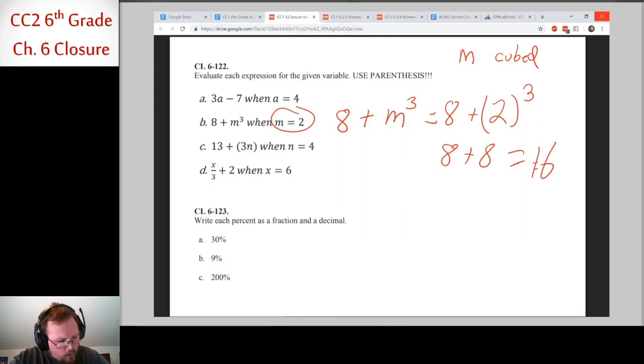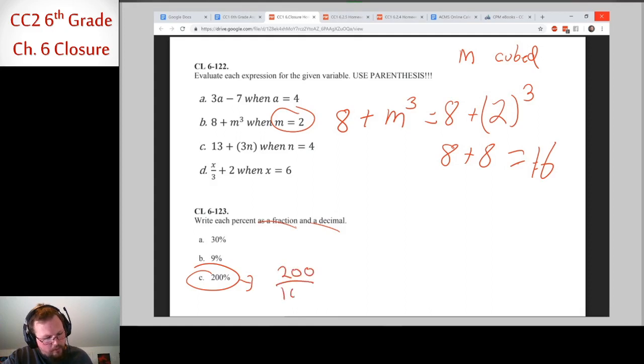Okay. When you write a percentage as a fraction and as a decimal, my example, let's go with 200%. To write it as a fraction, you simply take the percentage, 200 over 100. Congratulations, you've made it into a fraction. These are all the same. When you write it as a decimal, you simply take the 200%.